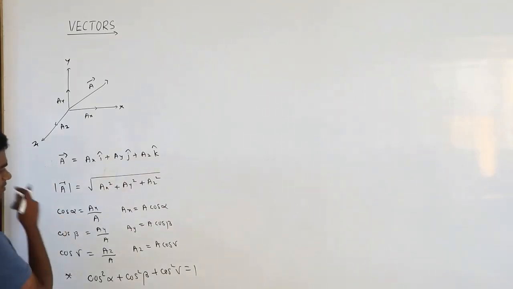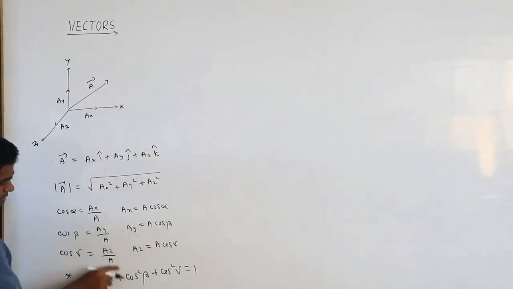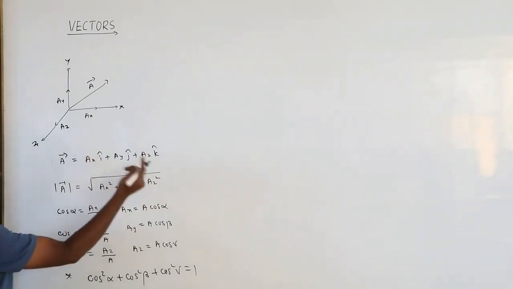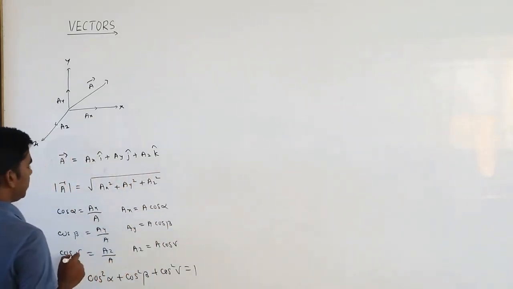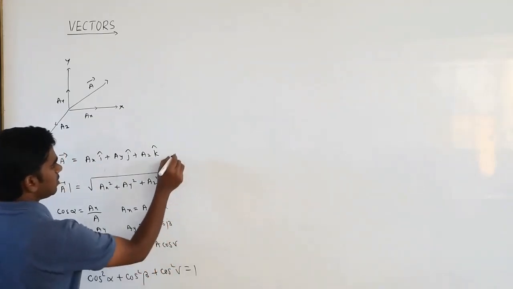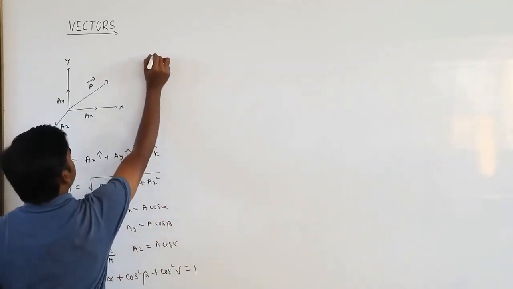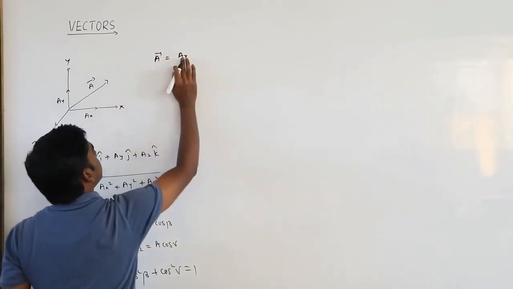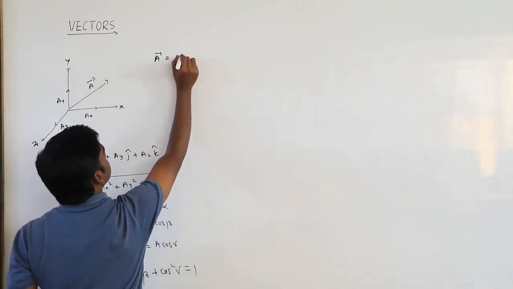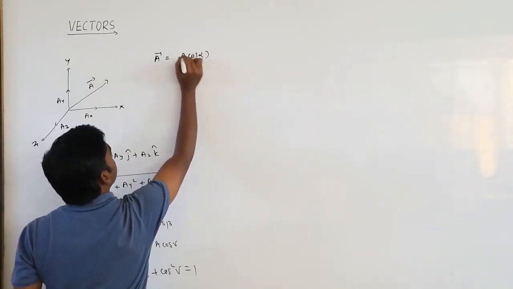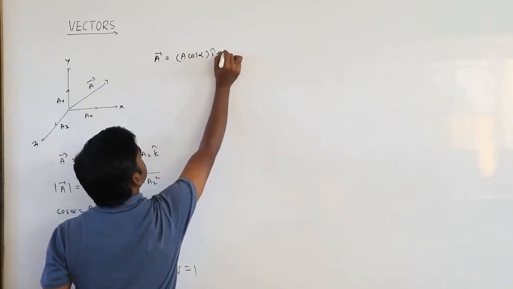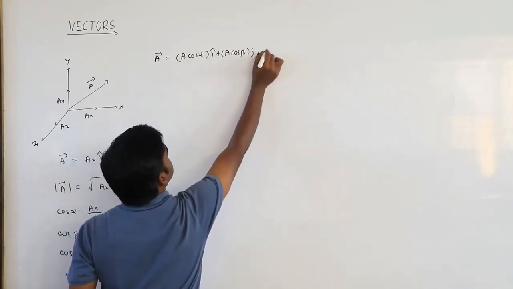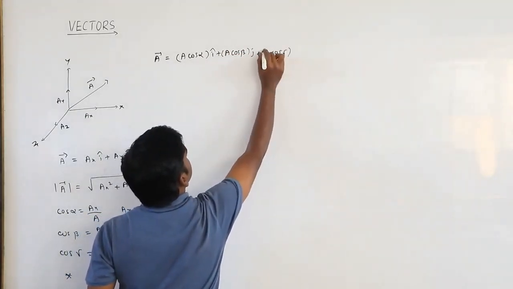If you substitute these values of Ax, Ay and Az, you can represent the vector in another format. So we can write vector A equals A cos alpha i cap plus A cos beta j cap plus A cos gamma k cap.